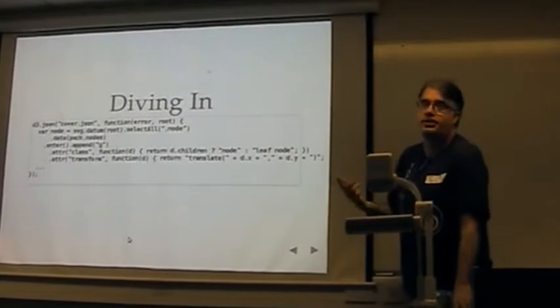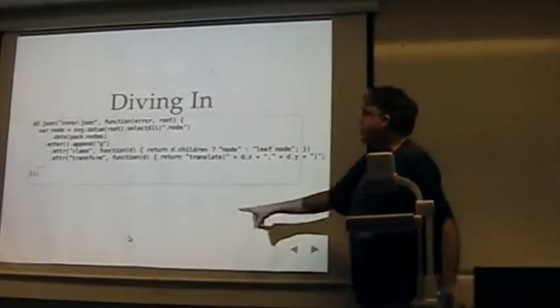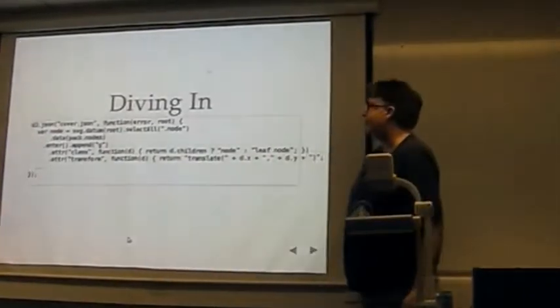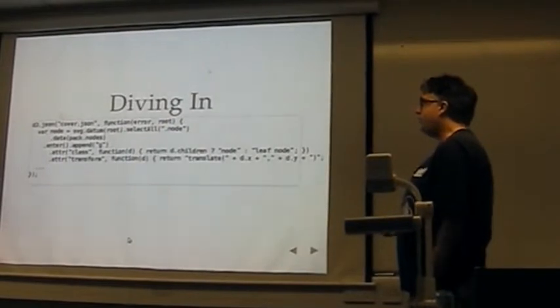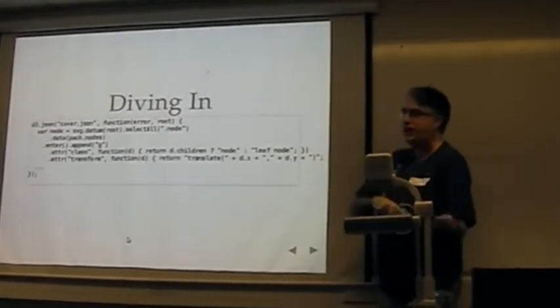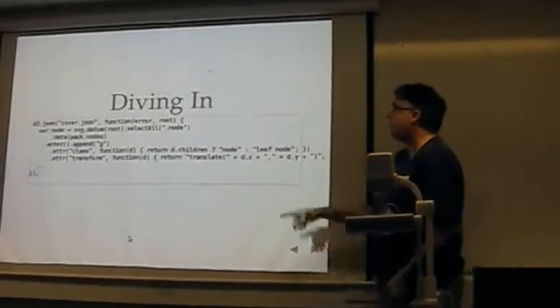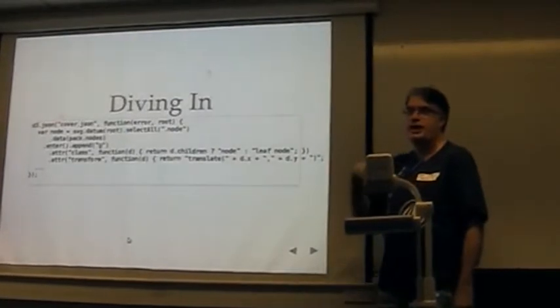Going into the actual JSON data, we have a file somewhere called cover.json, which is processed and passed back to our callback, which is the function up here. So again, everything is done via callback.